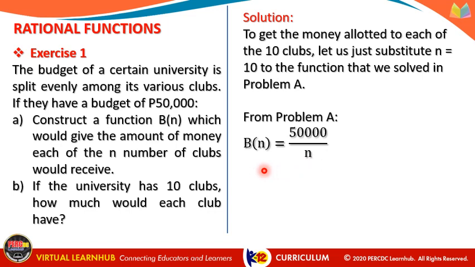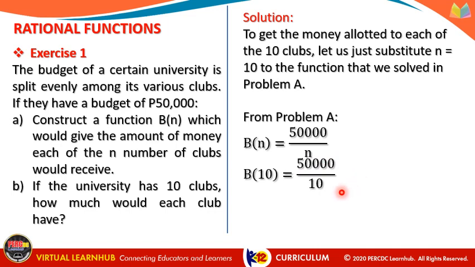Again, ano ulit itong function na ito? Itong function na ito ay pwede nating gamitin para malaman natin magkano ang matatanggap ng bawat club. Alam naman na natin na 10 yung clubs natin. So, we have 10 clubs. So, ang gagawin na lang natin actually dito, palitan lang natin yung n ng 10. Tapos, yun na.